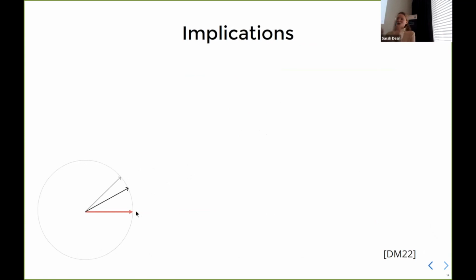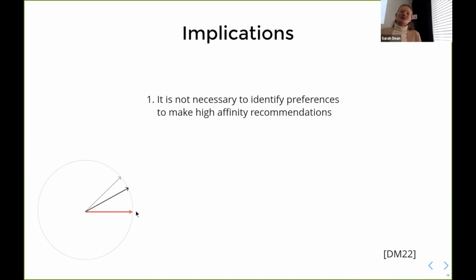So I won't go into the theoretical results or the low regret algorithms that you can develop in this setting. I'll just tell you the two implications that come out of this. One is that it's not actually necessary to identify somebody's preferences in order to make recommendations that have high affinity or achieve high ratings.